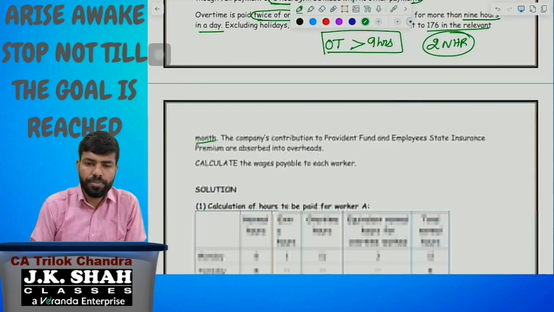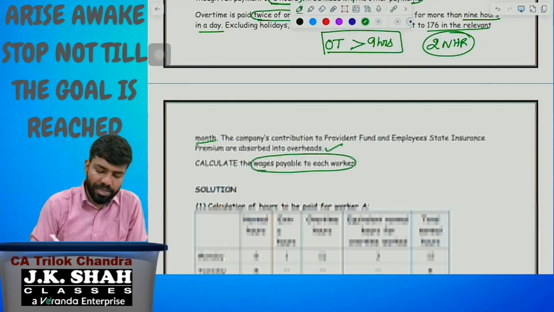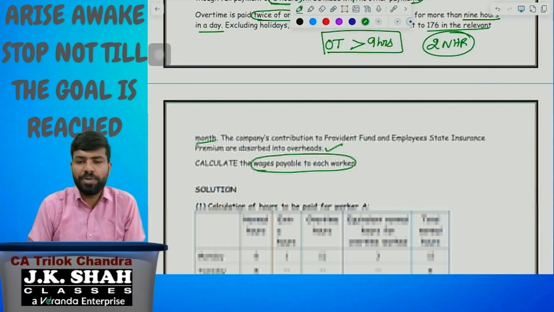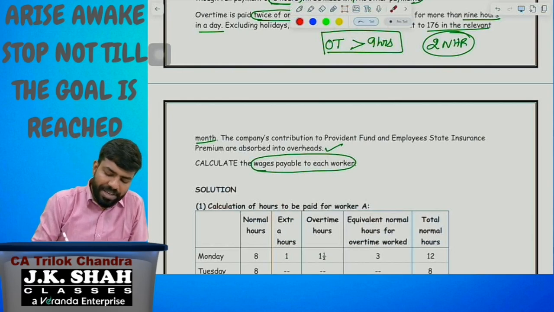Okay, now. The company's contribution to Provident Fund and employee state insurance premium are absorbed into the overheads. Calculate the wages payable to each worker. Okay, now what they are asking is wages payable to each worker.